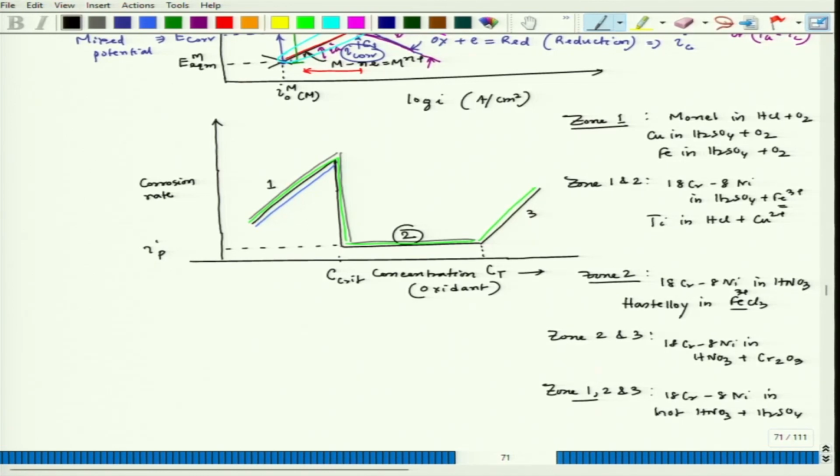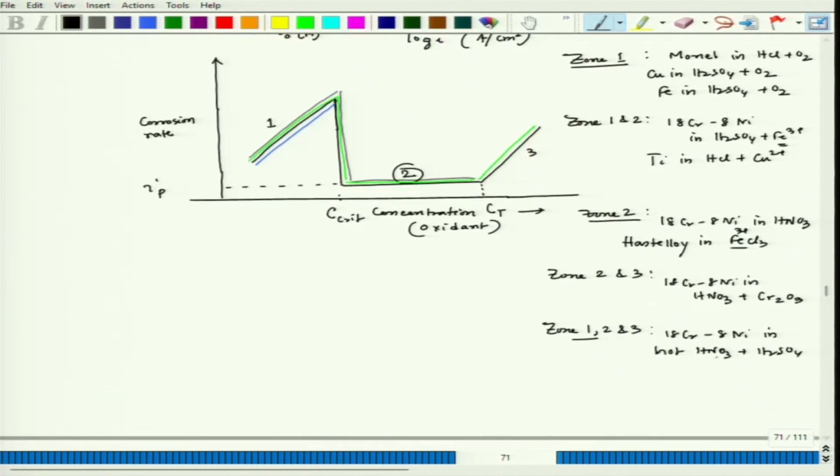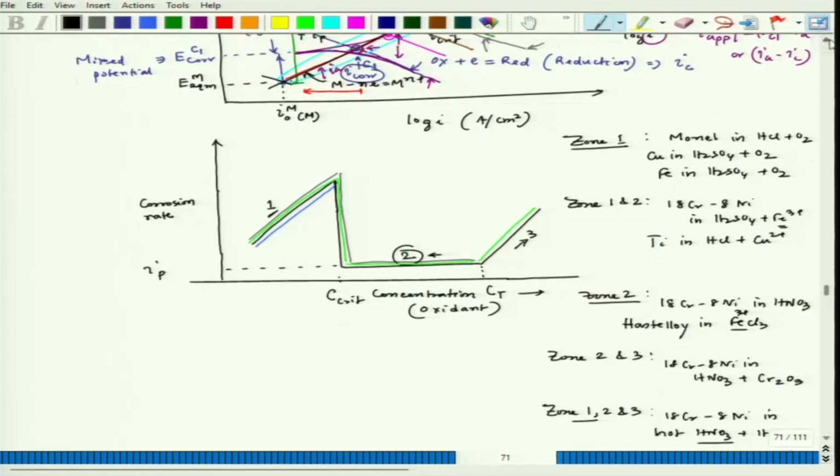In this case, if we change the content of HNO3, which is the oxidant, and keep increasing the oxidant content with reference to H2SO4, the material will change from the active zone, which is zone 1, then go to the passive zone, and then go to zone 3, which is the transpassive zone.